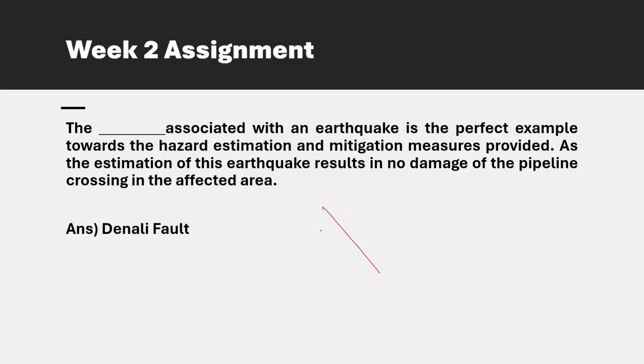If they had created that pipeline across the Denali fault, for instance like this, when the movement occurs along this fault line, this pipeline would have broken. So in order to avoid that damage, instead of creating it across, they created it along the Denali fault line, like this.